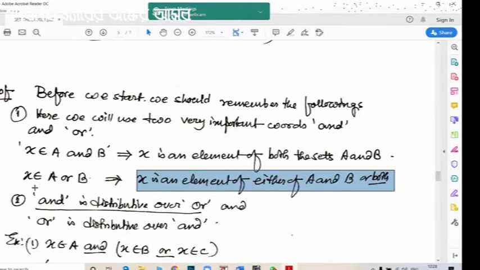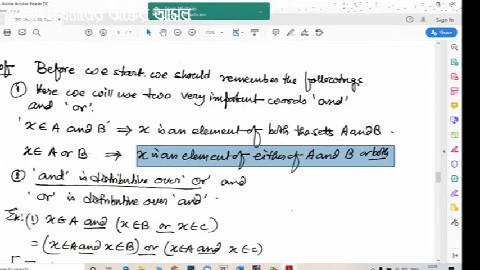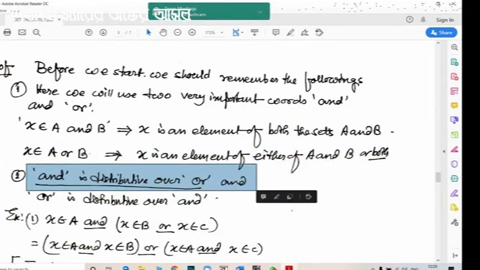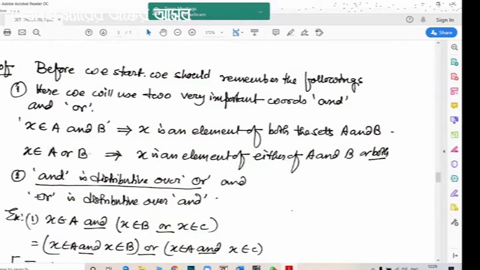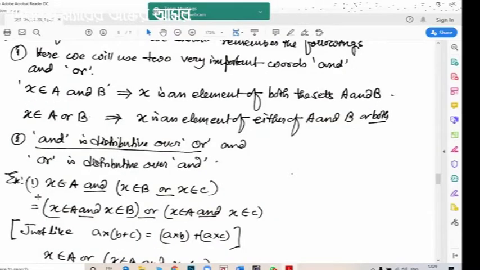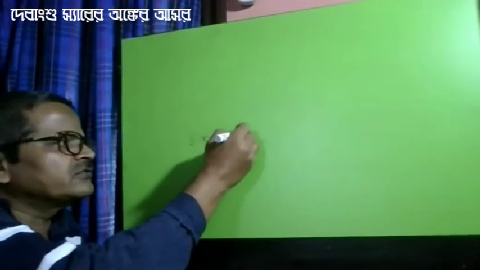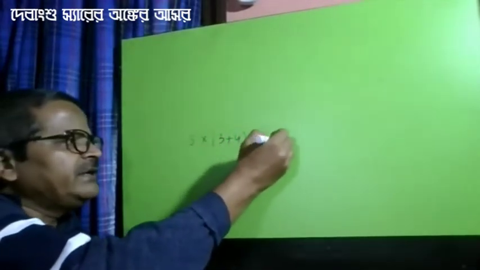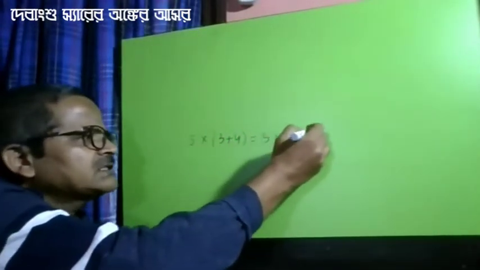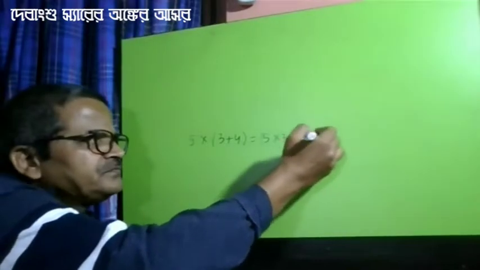Second, and is distributive over or, and or is distributive over and. What is the distributive property? That you have learned in class 7, whether you remember or not. See the example: 5 into (3 plus 4) is 5 into 3 plus 5 into 4.